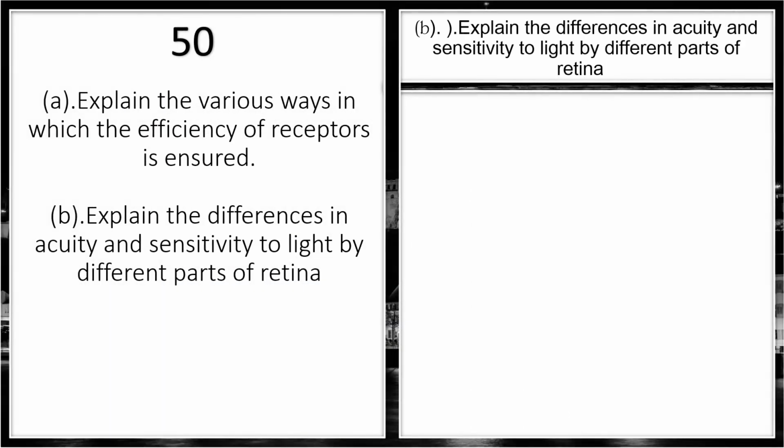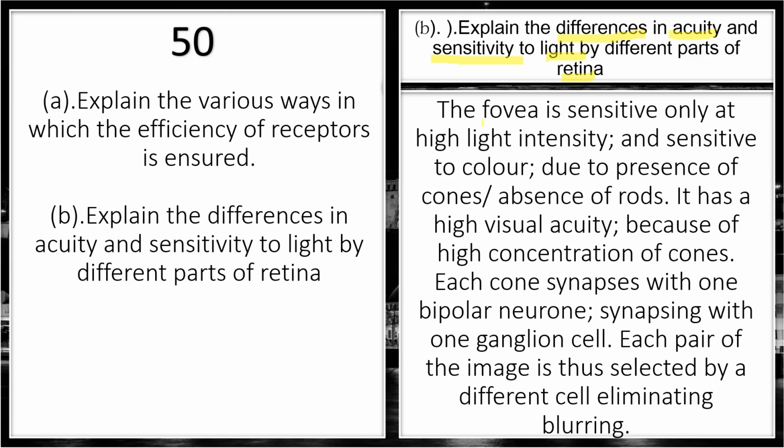Part B. Explain the differences in acuity and sensitivity to light by different parts of the retina. The fovea is sensitive only to high light intensity.